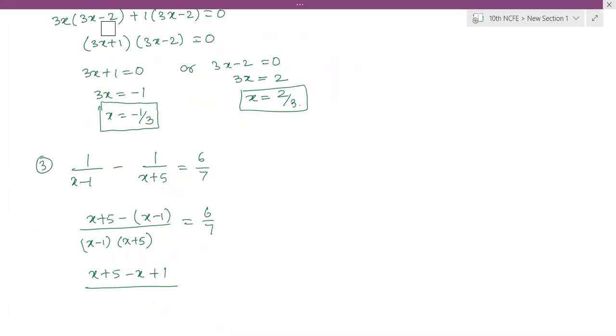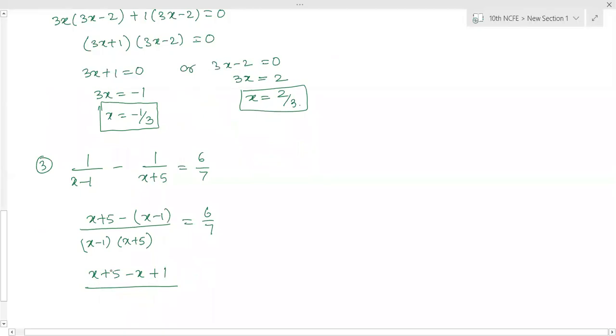This is x plus a into x plus b form, so you have to apply the identity: x squared plus a plus b, that is minus 1 plus 5 is 6, plus 4x into ab, that is minus 5, is equal to 6 by 7.